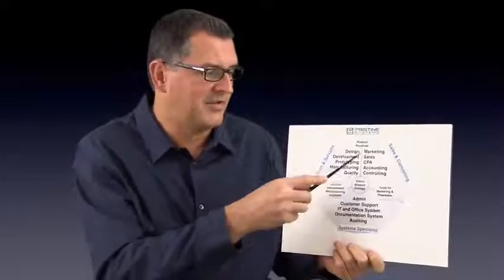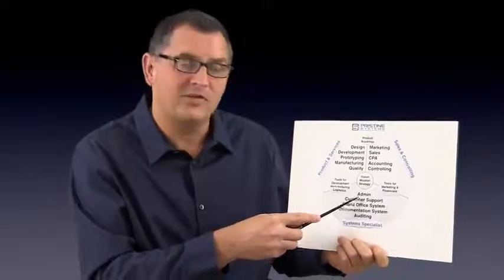So the design development, including prototyping, manufacturing, and even quality, this is a little bit more the typical engineering area. That's the one that we had before. But you notice now that the administrative work, the customer support, IT and office systems, your documentation system, depending on your industry, this is super important. I mean, medical industry, for example, and auditing, this is really in the system specialist hands now.